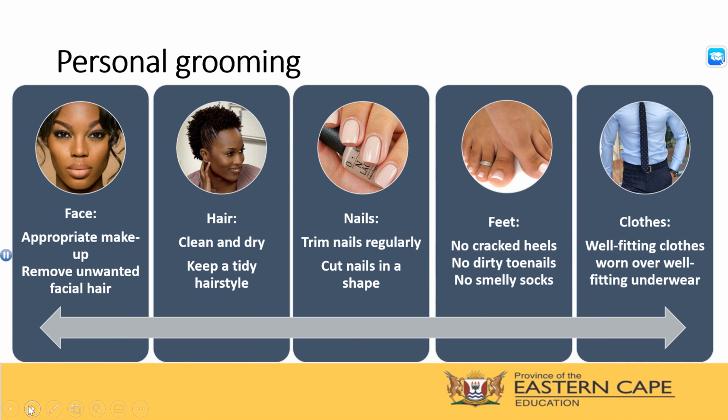Personal hygiene goes hand in hand with personal grooming. And some examples of personal grooming have been given on the screen in front of you. On the left-hand side, you will see that that particular image refers to appropriate makeup.